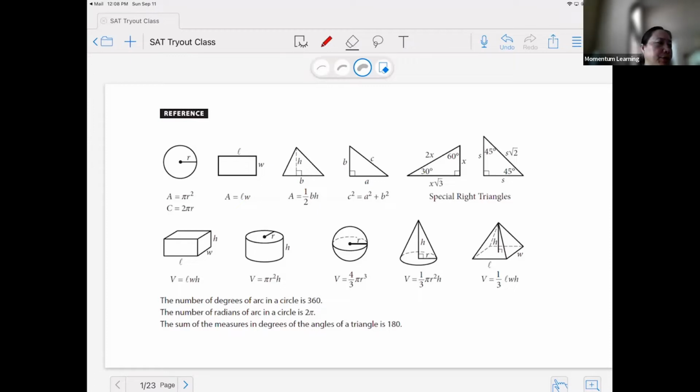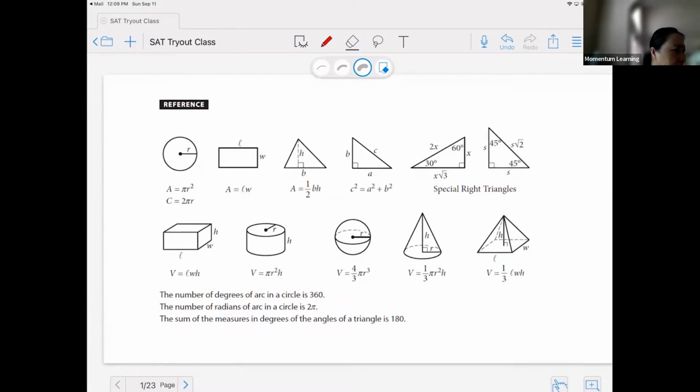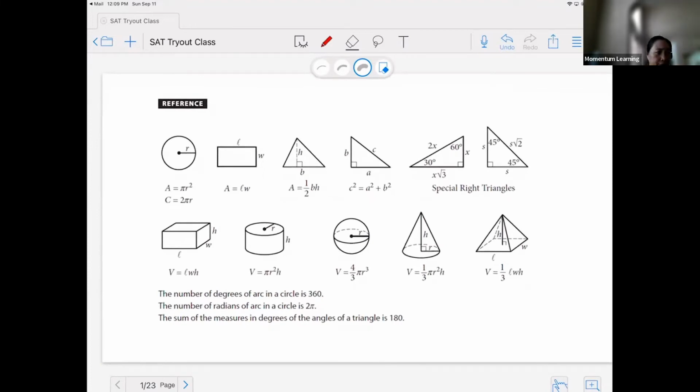Both sections will give you this reference area. So this is the formula you will be provided on the test, which means if there are some other formulas, you have to either memorize them or deduce them yourself. Those are the only things that will be provided.